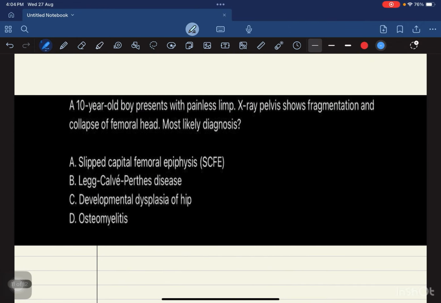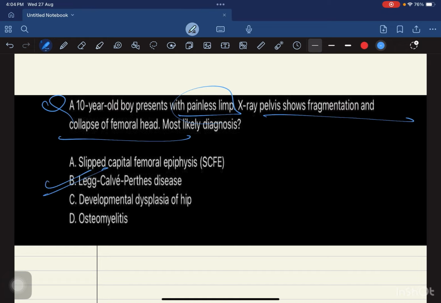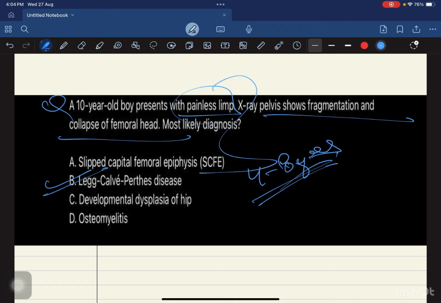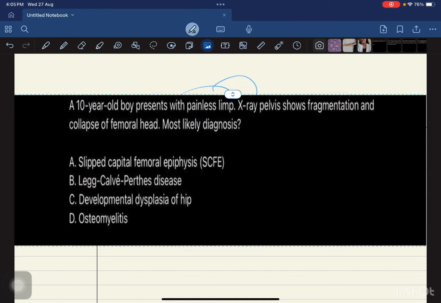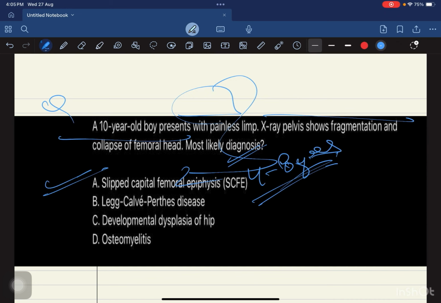Now moving to the next question. A 10-year-old boy presents with a painless limp and the X-ray shows fragmentation and collapse of the femoral head. So this is very classical of Perthes disease. Perthes disease at 4 to 8 years of age is classical, and it is also associated with a painless limp. SCFE is not associated with a painless limp; there is pain present, so SCFE can be ruled out.